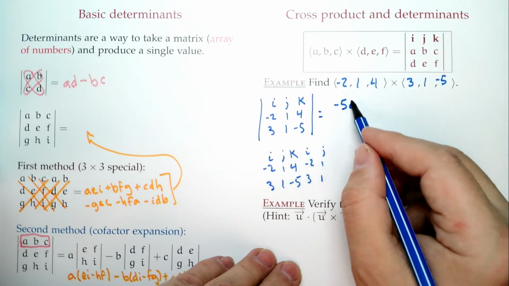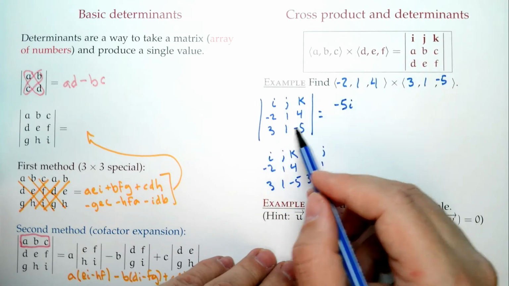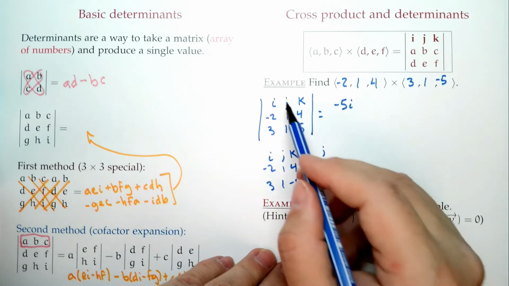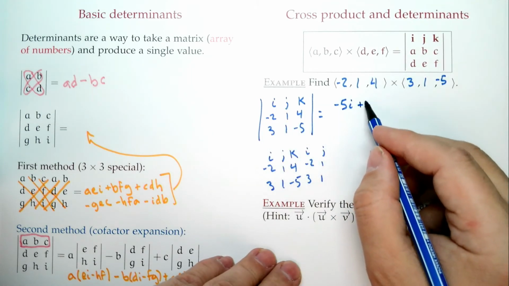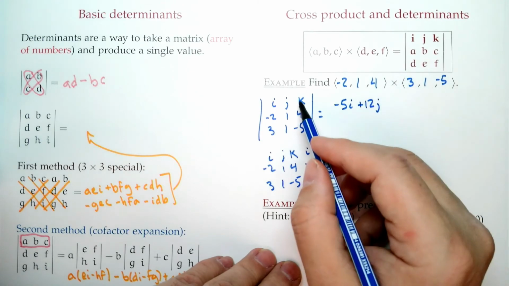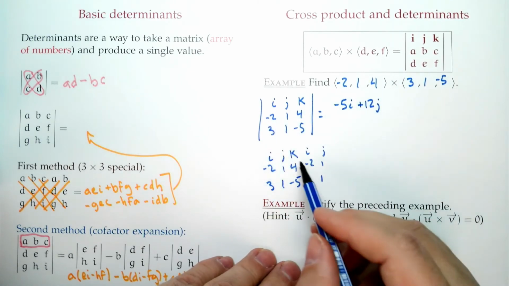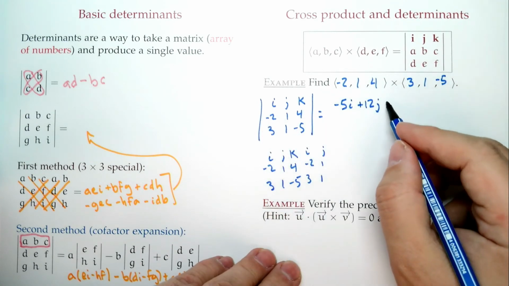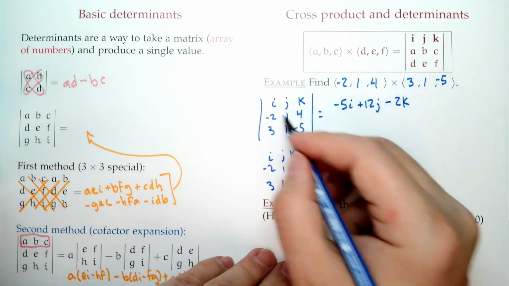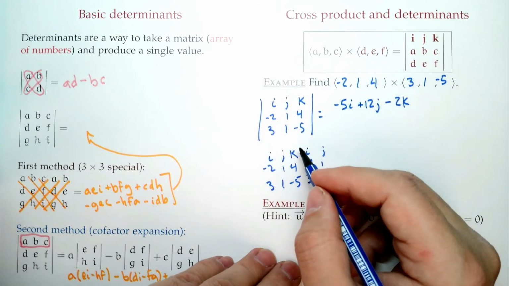Negative 5I. J, 4, 3, so it's J4 wrap around 3. So that's 12J. K, minus 2, 1, so that's minus 2K. I'm going downhill, so I always add the result.